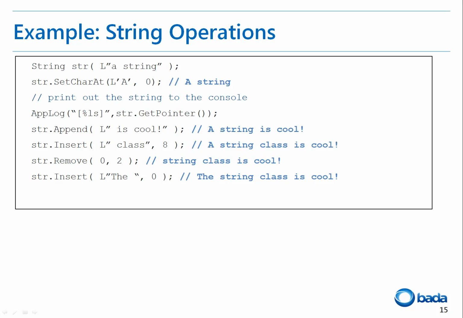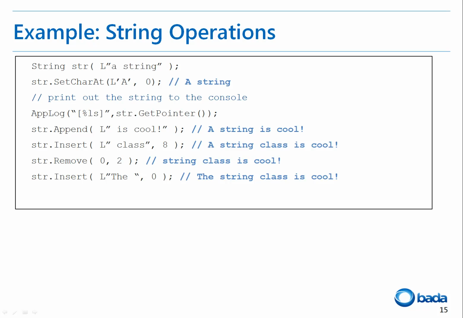After that, I inserted a substring class into the 9th character position of the string. The substring class is inserted between string and is. As a result, the string has been changed to a string class is cool.